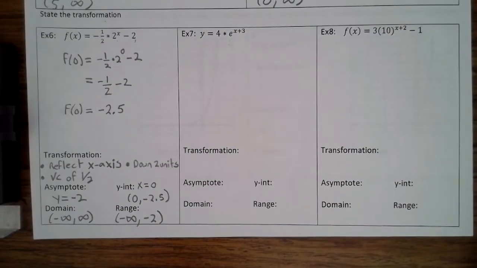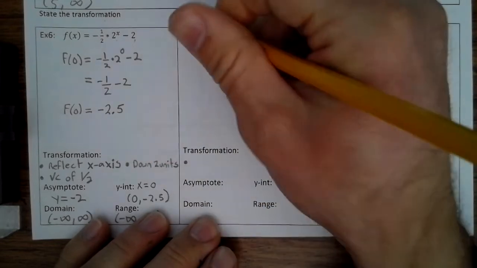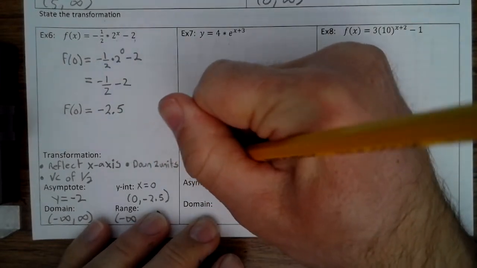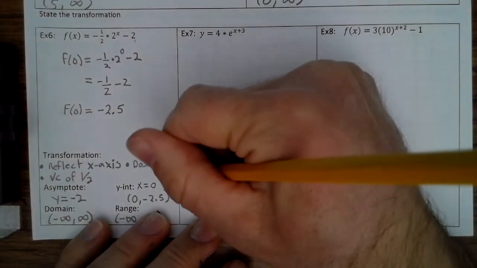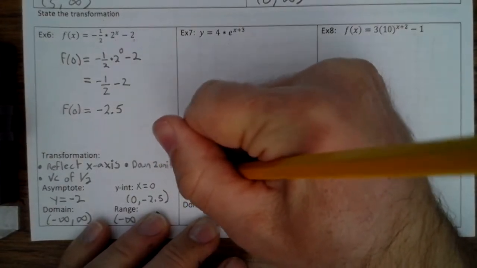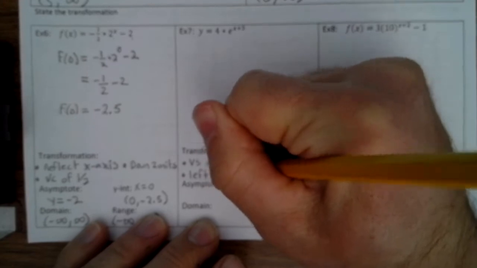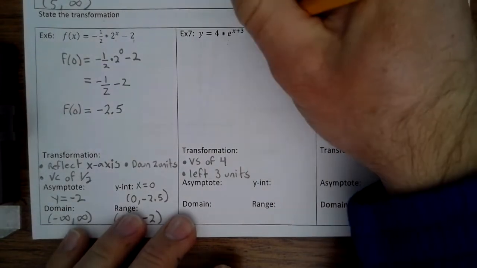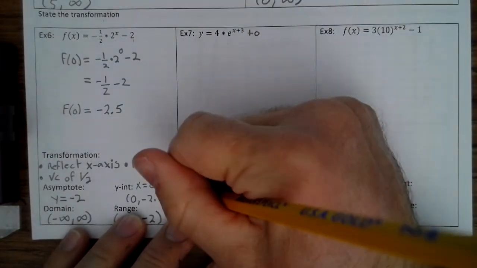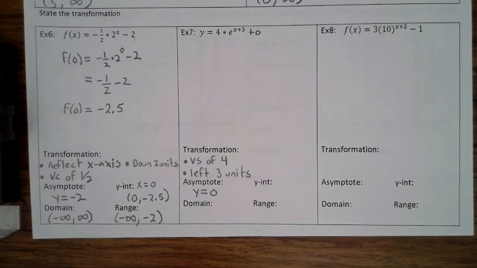Okay, so transformation, we have a vertical stretch of 4, and then it looks like we go left 3 units. Okay, the asymptote is, assume that that's plus 0, so our asymptote is y equals 0.